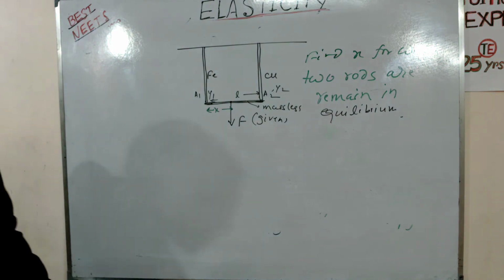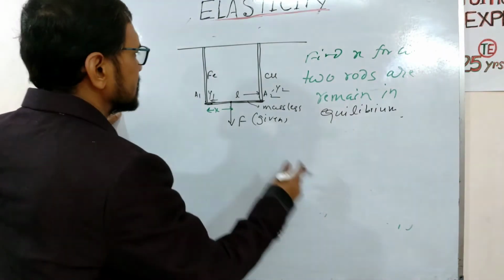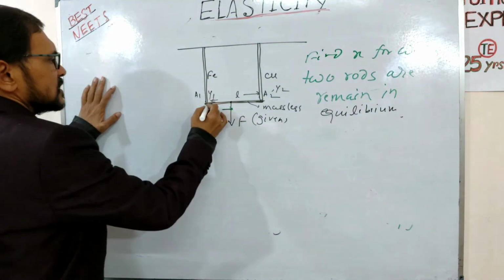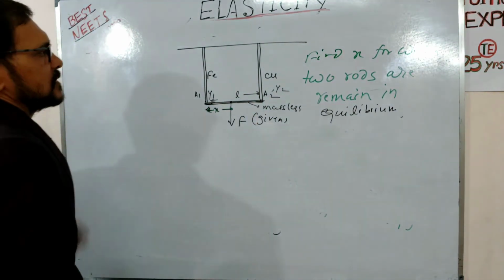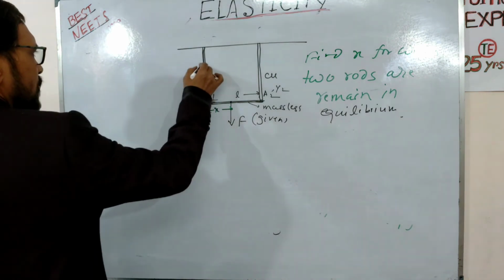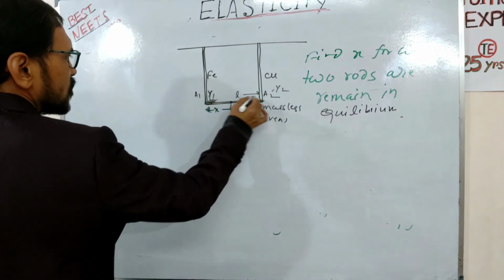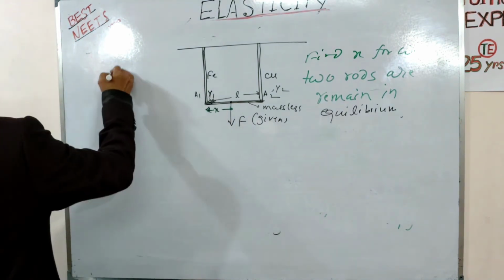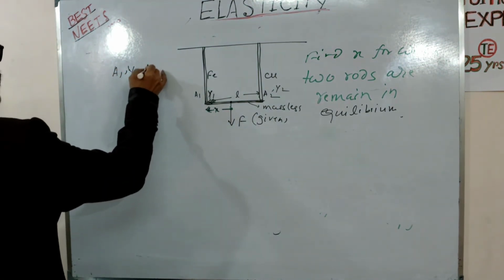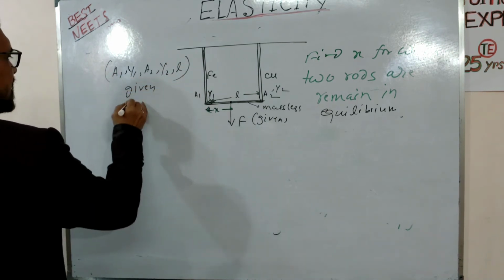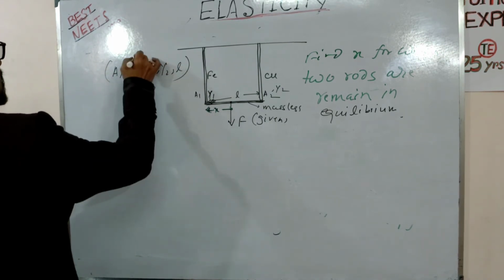The cross-section areas of the rods and the Young's moduli are given, and the lengths of the two rods are given. All are given: A1, Y1, A2, Y2, L. The force is also given.